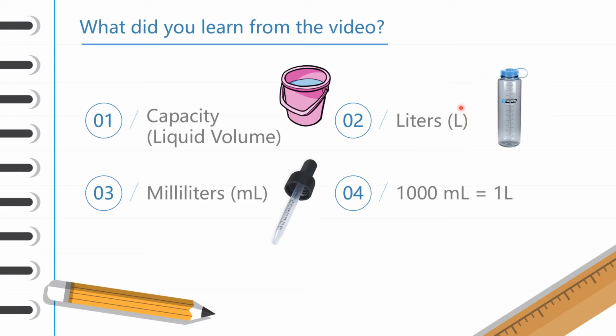You can represent it by writing a simple capital L, and we can represent milliliter by writing M and L. And this is the bottle, and it can hold 1 liter of water, right? Then we learned one more thing from the video. 1 liter is equal to, excellent, 1000 milliliters.